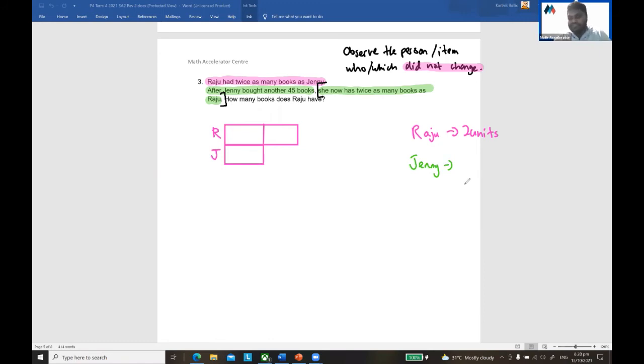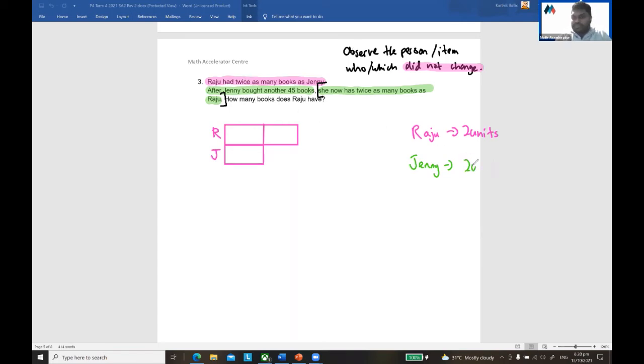Can you type in the chat? This person never changed, right? And Jenny now has twice, correct? So twice of Raju now will be how many units? Yeah, correct. 4 units, right? 2 times 2. Okay, I'll do the working for you a bit.